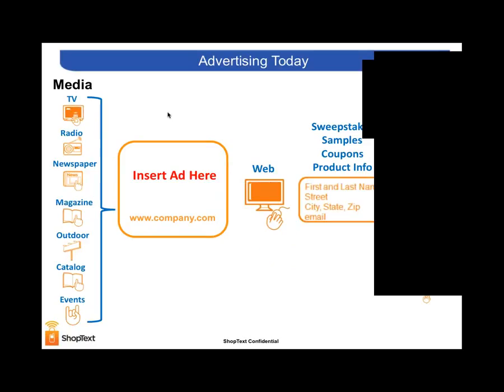The first thing I want to start with is to look at advertising today. The way a lot of ads work is you take your TV, radio, newspaper, magazine, out-of-home, packaging media. A lot of the offline media drives a consumer online. And when you get the consumer online, you basically want two things. You'd like to get their address and you'd like to get an email.